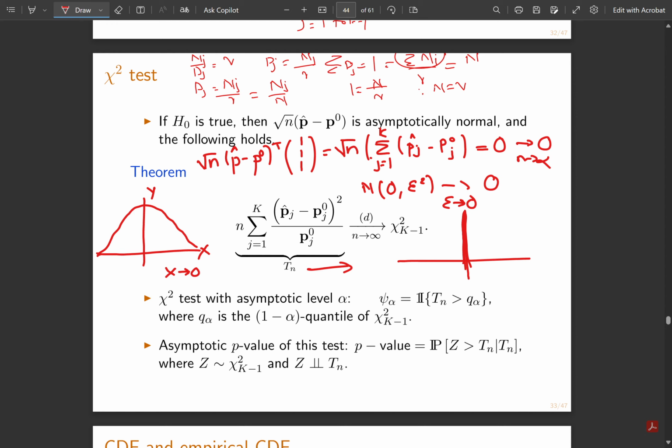So we multiplied p hat minus p naught by its transpose and the unit vector, and found it to be a Gaussian vector, even though it is a degenerate zero Gaussian vector.